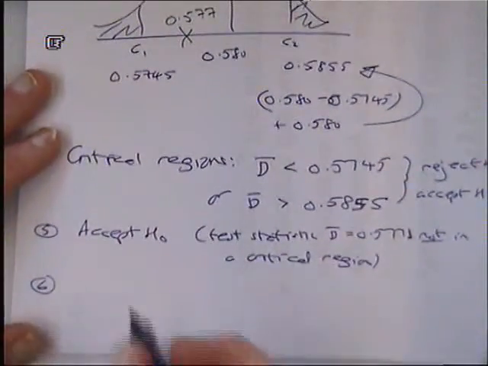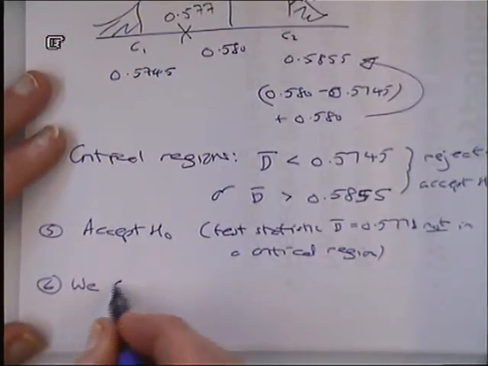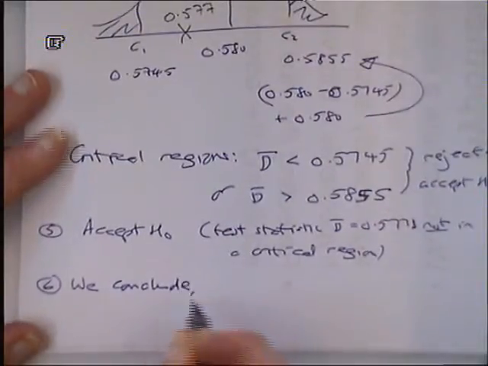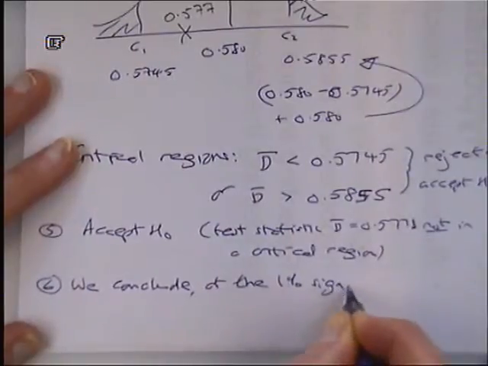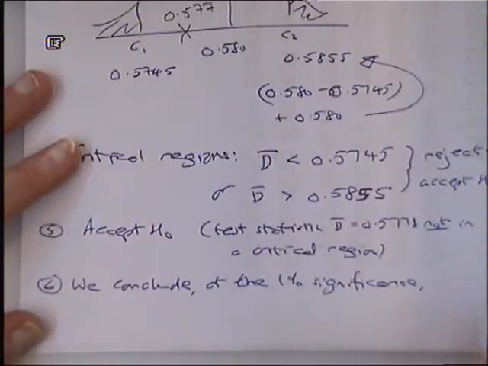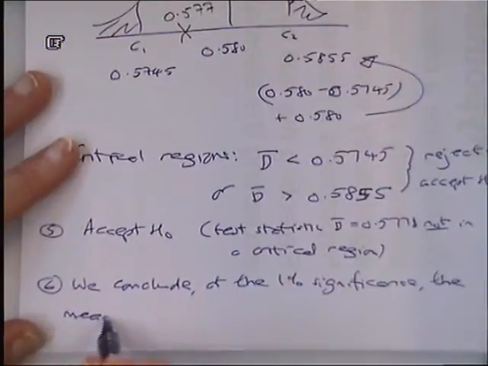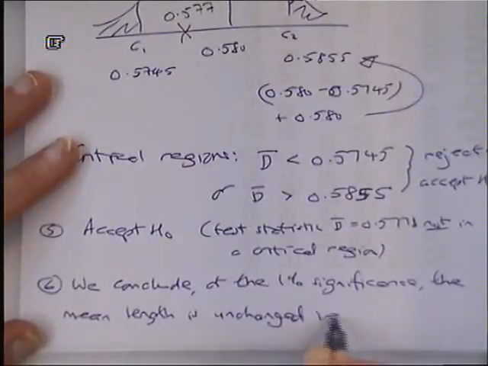Now I'm going to write this one out slightly more fully because we should really mention the significance level. So we can say that we conclude at the 1% significance level, because if we use a different significance level we might come up with a different conclusion. But at the 1% significance level we conclude the mean length is unchanged, i.e. mu is still 0.580 centimetres.